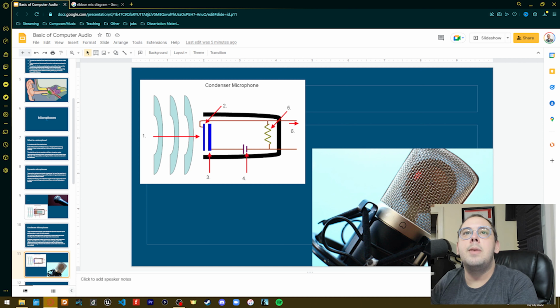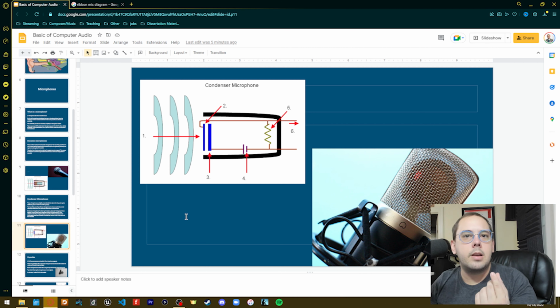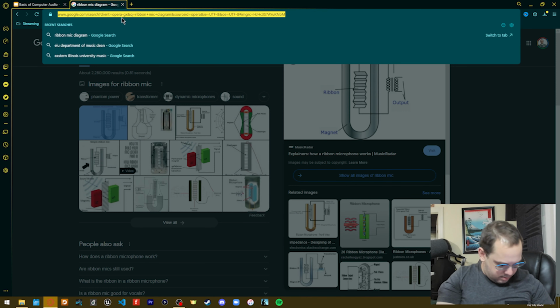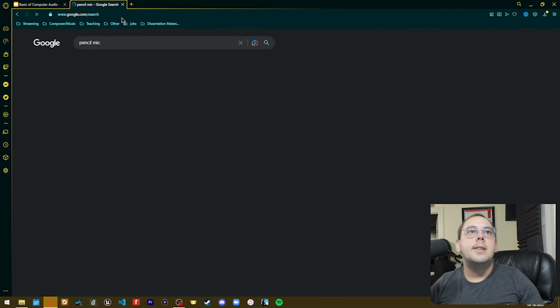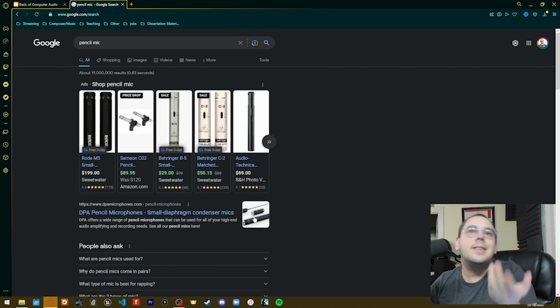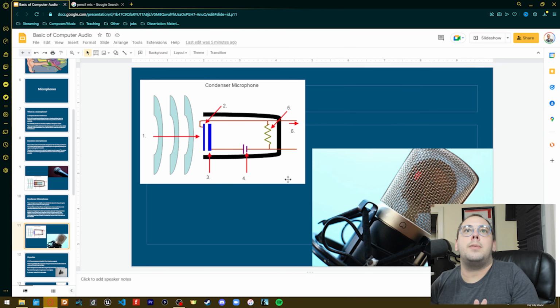So these tend to be a bit bigger. There's also what's called a small diaphragm condenser, and if you just Google pencil mic, you'll see that, again, they are very, very small because they don't need to be big. It's 2 metal plates and a bit of circuitry.